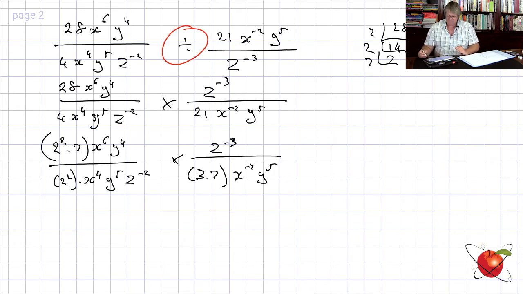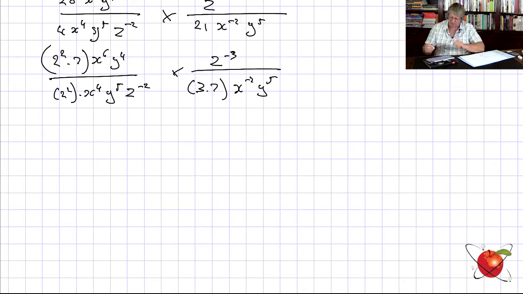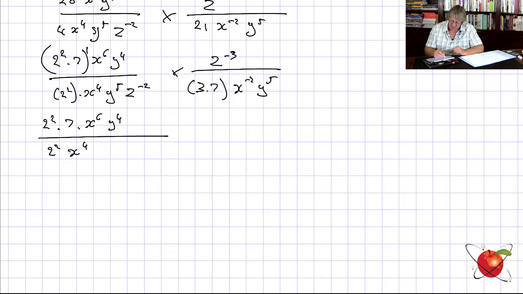Now, I know we all want to get happy and cross cancel, but we've still got negative exponents. So let's first of all get rid of them. Remove the brackets. There's a 1 outside, so that's 2 squared, 7, x 6, y 4. Underneath 2 squared, x 4, y 5, z minus 2.